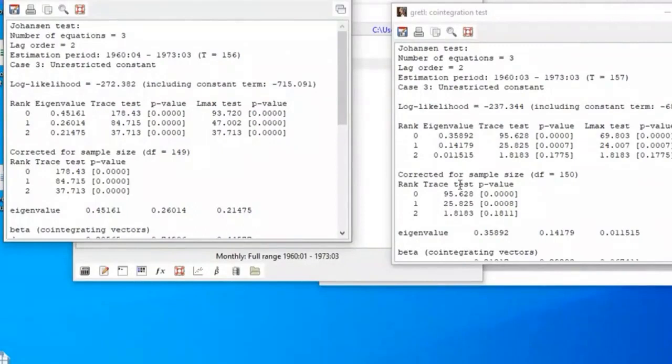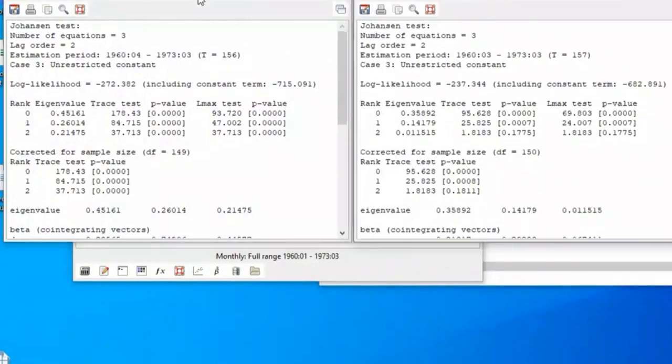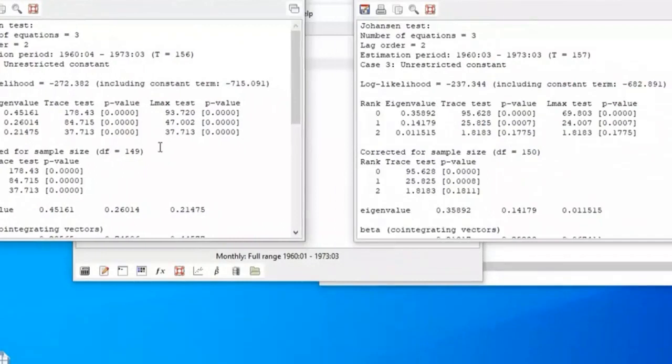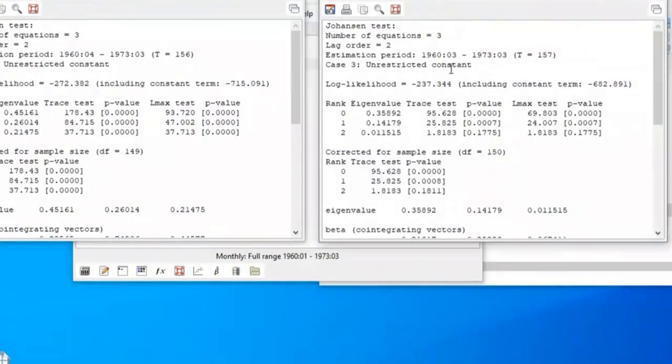Sir, here the rank 2, that means the third factor is selected. That means the order of 2 is selected, and the eigenvalue is 0.21475 over there. So what interpretation do we draw from here? The original first one. Yes, we have an optimum lag order of 2.